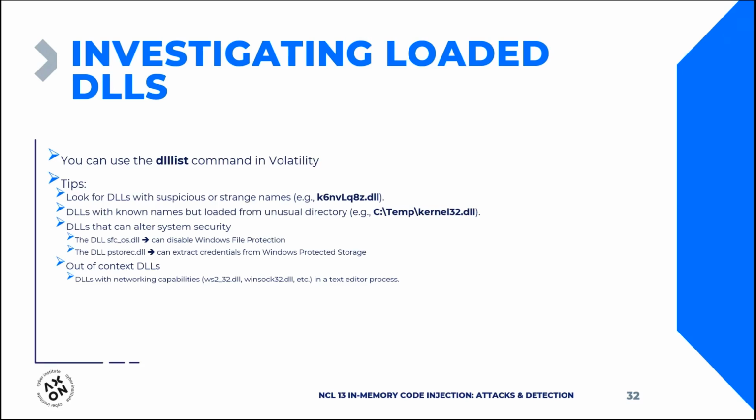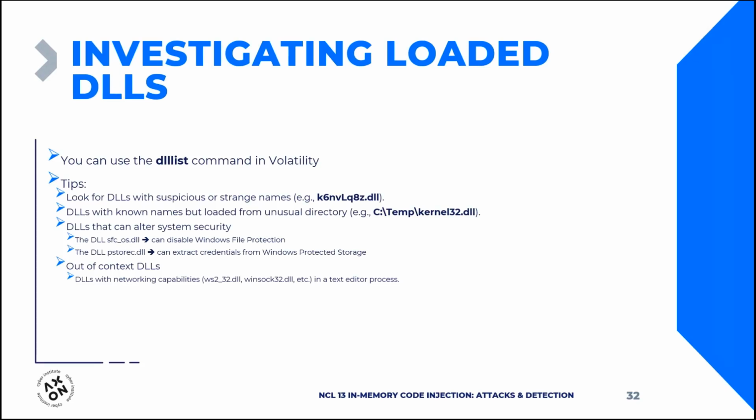Once you have the list of loaded DLLs, try to search for any suspicious DLL names, okay? Something that looks unusual, like the one I have mentioned here, K6NVLQ8Z.DLL, okay? This is tip number one.